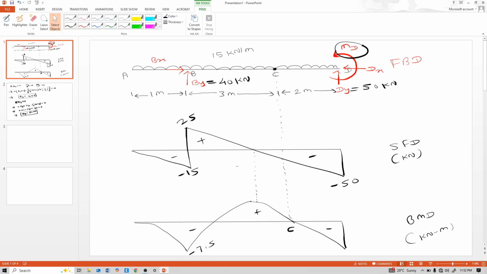For that, take moment at this point: minus 15 into 6 into 6 by 2 plus 40 into 5 and minus M_D equal to 0.